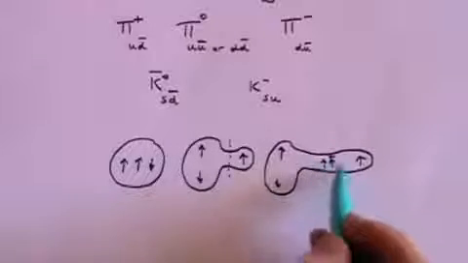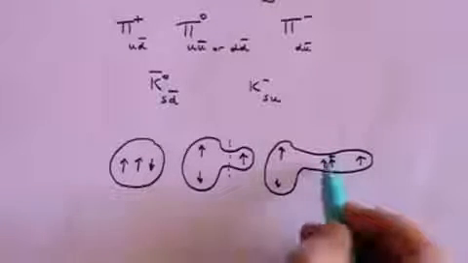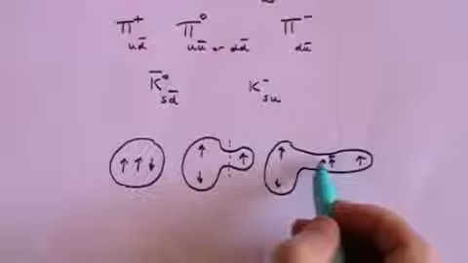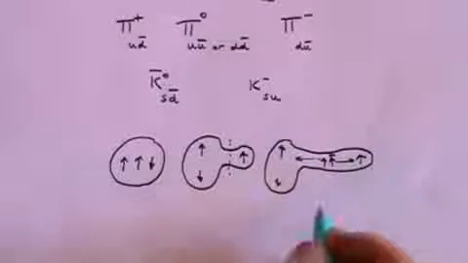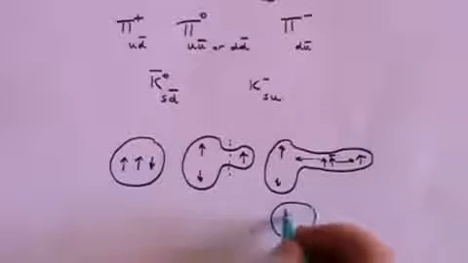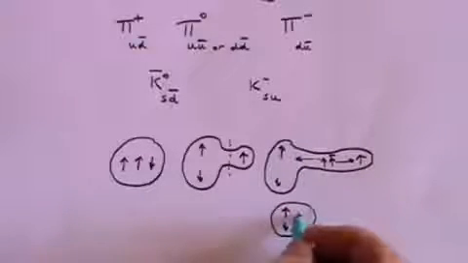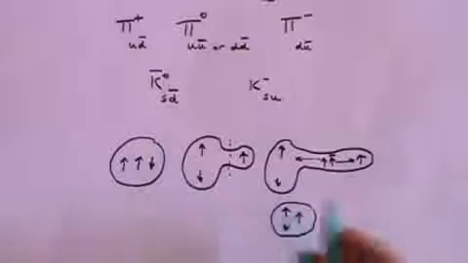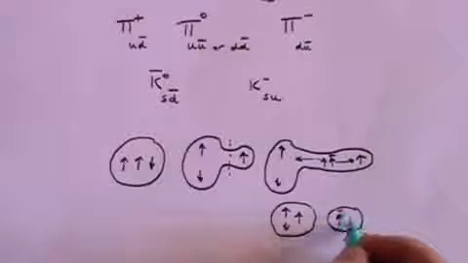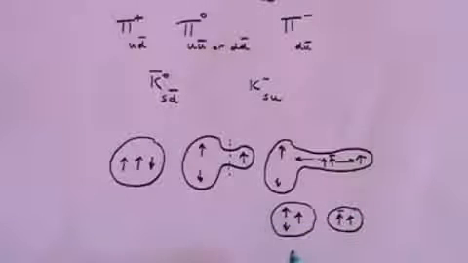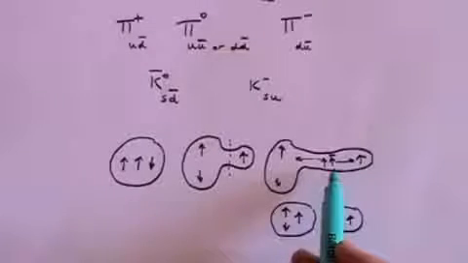It's called pair production. And then all that happens is that this up quark goes back into here, and that anti-quark goes there, and you end up with a proton, which is what you started with, plus an up, anti-up meson.